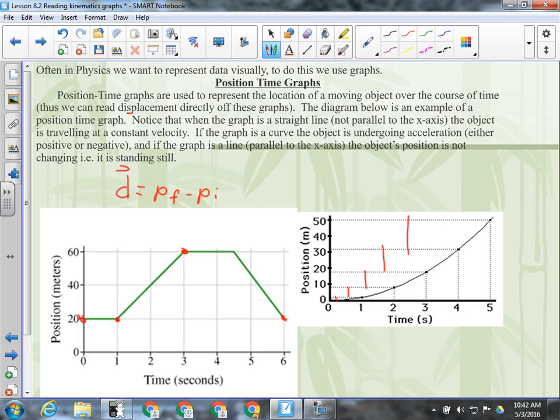Because displacement's a vector quantity, we would need to have that positive 40 meters forward, something like that. Similar thing, if I asked you what's the displacement between here and here, you would go final position, 20, minus initial position, 60, and you're going to get negative 40 meters, or 40 meters backwards. Is that a very difficult calculation? Nope, it isn't.